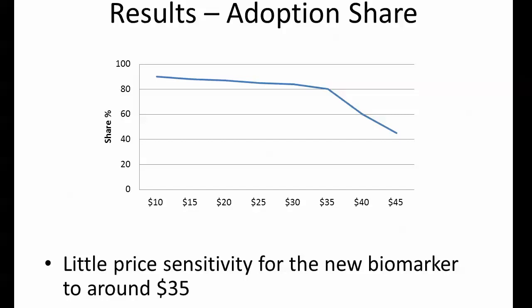And then you can see the price curve, the slope dramatically goes down quite steeply, and there's a lot of price sensitivity beyond the $35 price point. So that told my client that there's really no reason to price it $15 as opposed to more, up to $20 or $25 or $30. They can go ahead and price, and they wouldn't lose a lot of volume when they did that. They would just make more money.